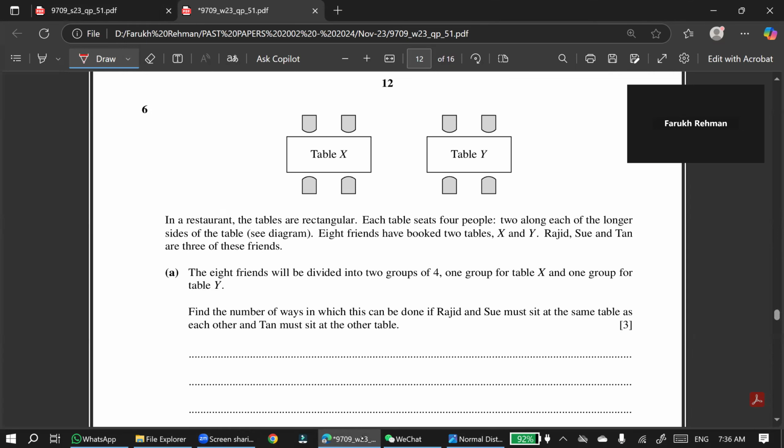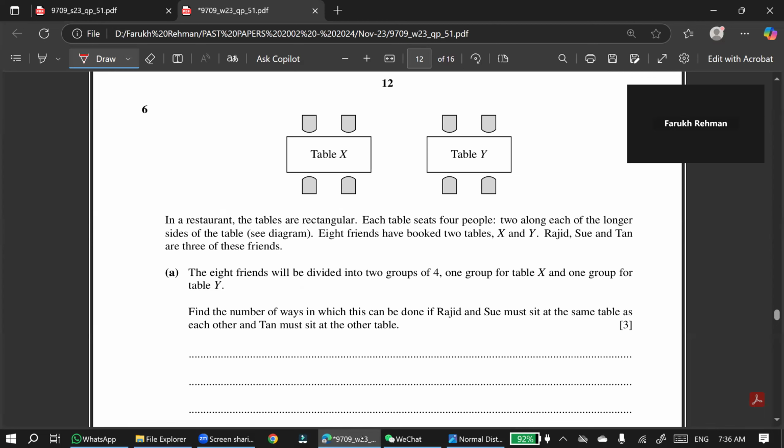The 8 friends will be divided into 2 groups of 4, one for table X and one for table Y. Find the number of ways in which this can be done if Rajit and Sui must sit at the same table as each other, and Tan must sit on the other table.